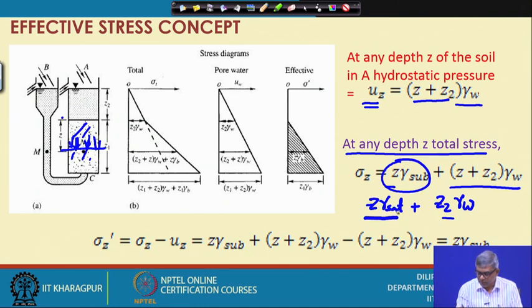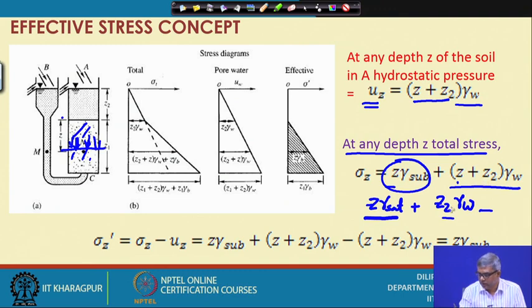If I take the saturated unit weight, then I take only Z, and when I take the other way, then only the water height Z 2 is acting there. So, either gamma submerged into Z, with water only Z 2 into gamma W, or Z into gamma saturated, which means I am already taking water weight in this, so I will not take water weight separately.